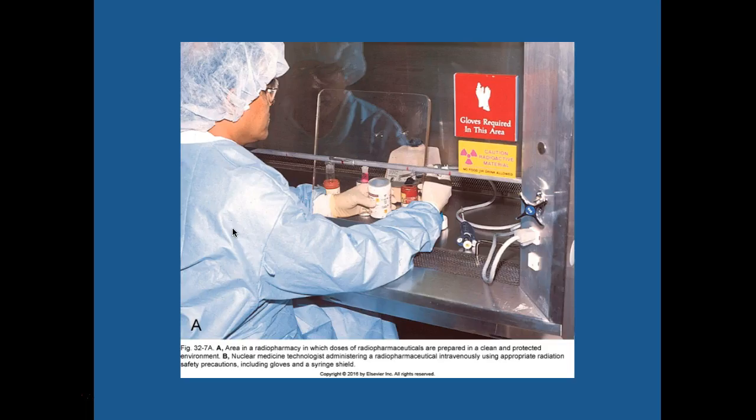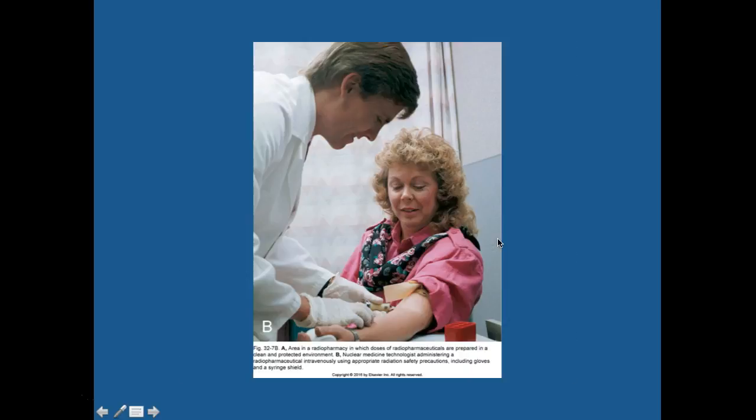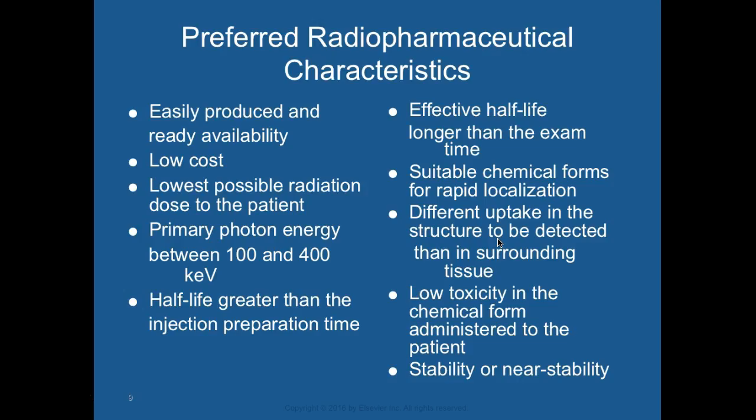Here you can see there's a lead shield, and the technologist is drawing up some isotopes behind the lead shield so that they're not exposed. And they will administer into the blood. Typically, it can be inhaled or ingested to look at different areas of the body.